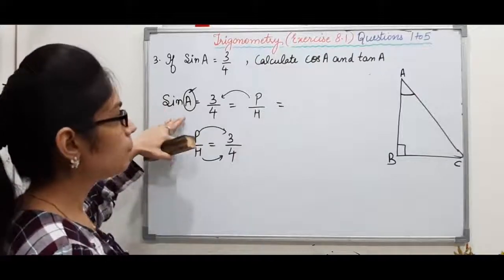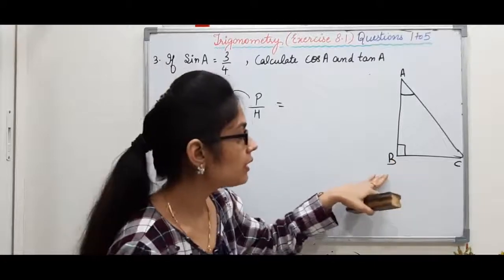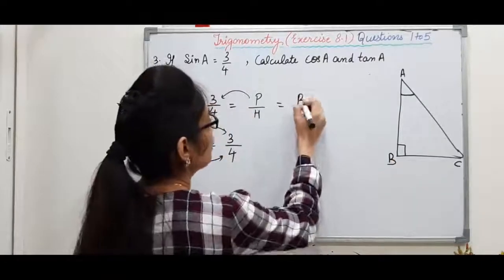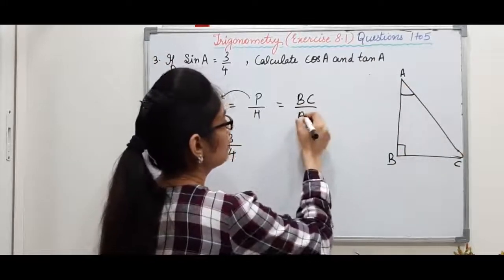Sin A, so for A, perpendicular is the opposite side, opposite is BC. So BC I can write, and hypotenuse is the same, AC.